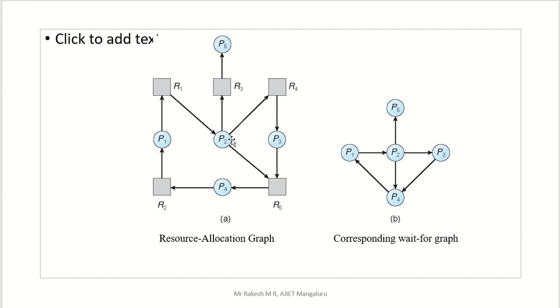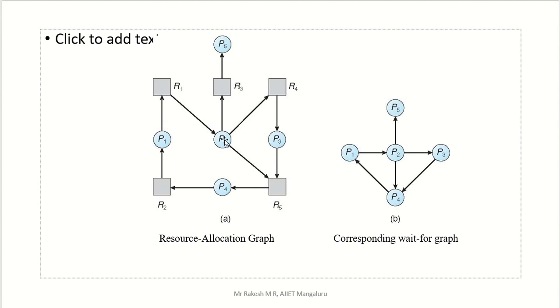Same thing here, go for P2. P2 is requesting R3, but R3 is allocated to P5. How to write the wait-for graph? P2 is waiting for P5 to complete. So we can draw a direct arrow.